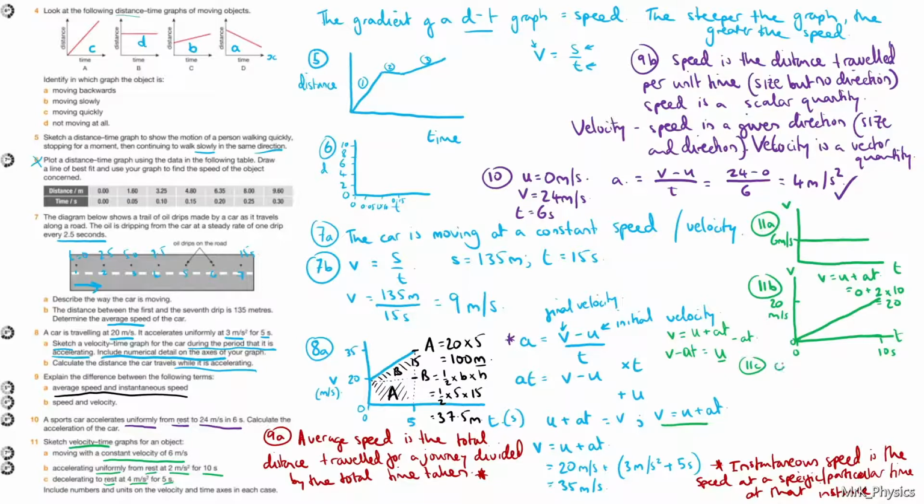We want to go with 0, that's our final velocity. Take away our acceleration times time, that's 4 times 5. Now remember, this is decelerating, so we can actually put in a minus 4. Minus 4 times 5 is minus 20. 0 minus minus 20 gives you 20.